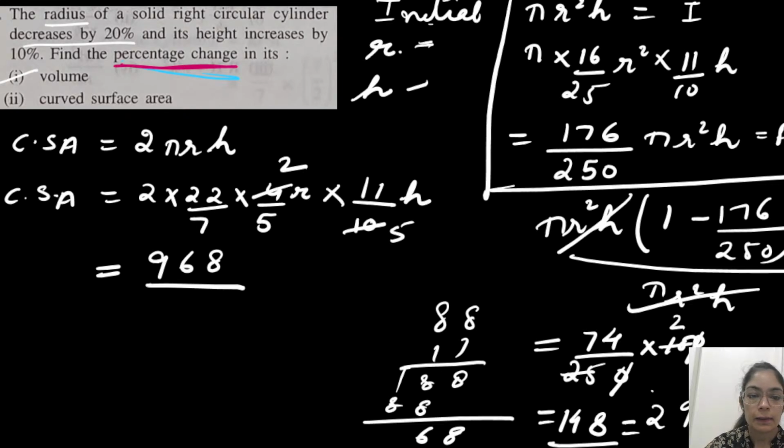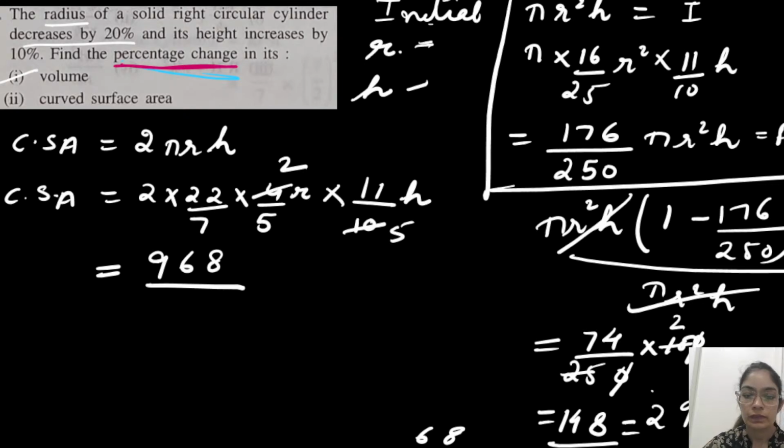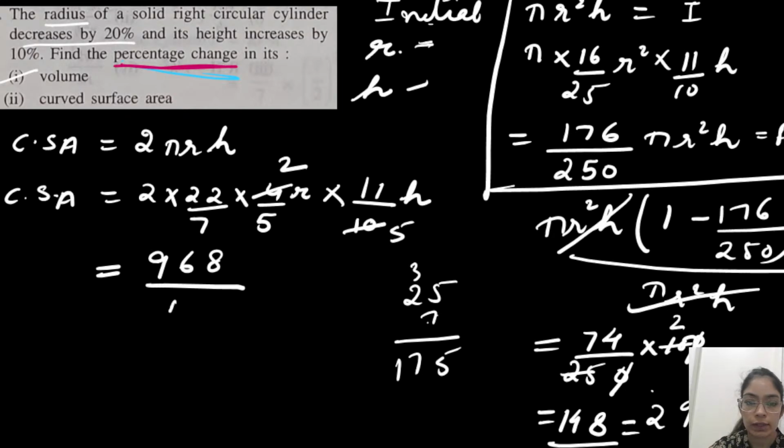Just keep on checking my calculations also. And 25 into 7, 175.